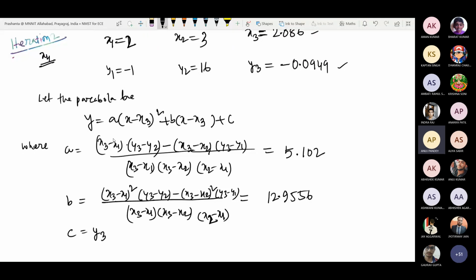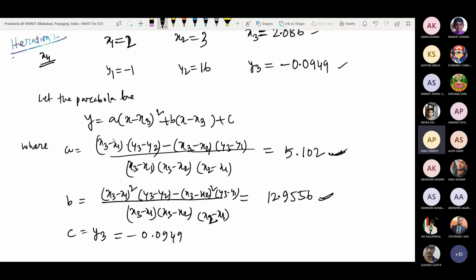What is y3? y3 is minus 0.9449, minus 0.0949, or there may be a slight change in the values of a and b. You do the calculation.